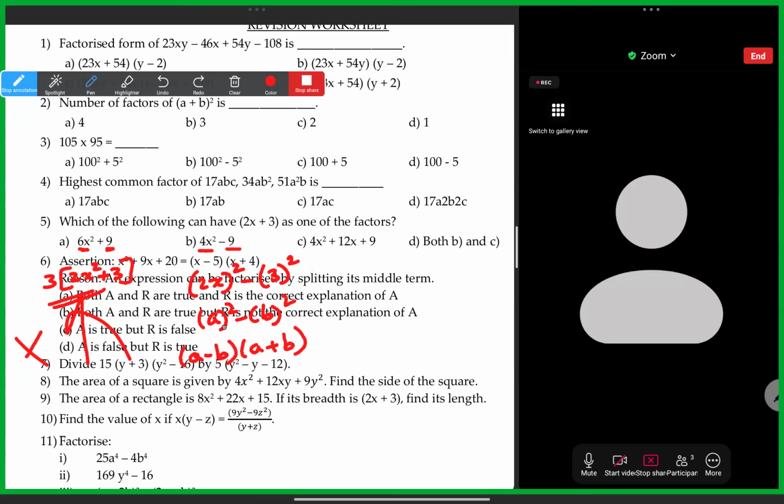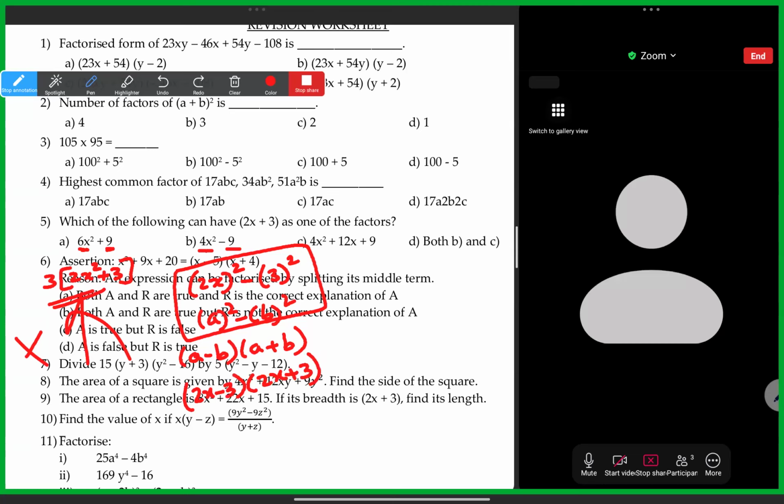A square is 2x whole square, so A is 2x, and B square is 3 square, so B is 3. So the answer will be A plus B into A minus B: 2x minus 3 into 2x plus 3.